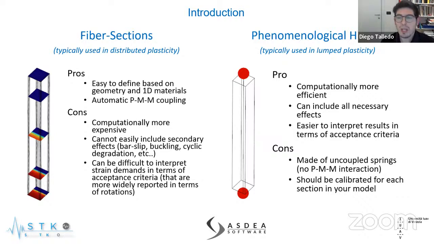But there is no real coupling between axial force and bending moment during the analysis, and the axial forces can change during the analysis. The other problem is that we should calibrate each hinge for each section of our model. So if we have several sections in our model, we should perform proper calibrations for each one of them.